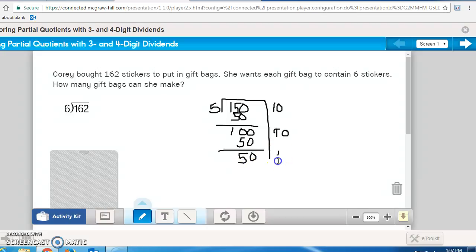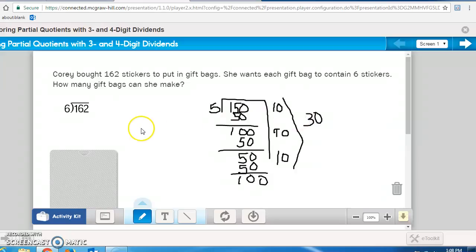So I can get yet another group of 10. 10 times 5 is 50. So how many groups of 5 in my estimation can I get out of 50? 10, 20, 30. So my partial quotients answer is 30. Remember, that's one way to do it.